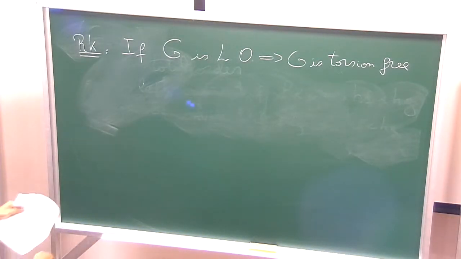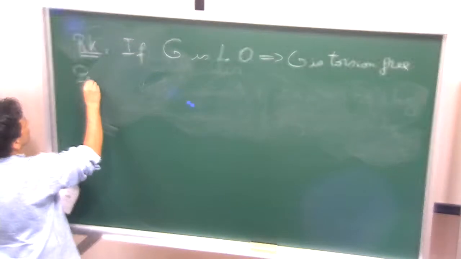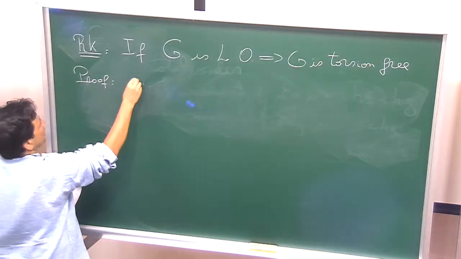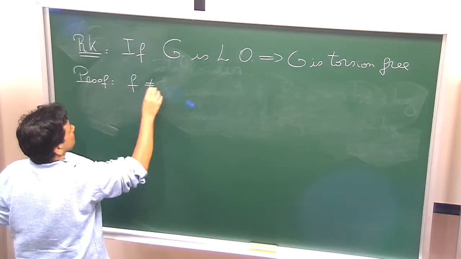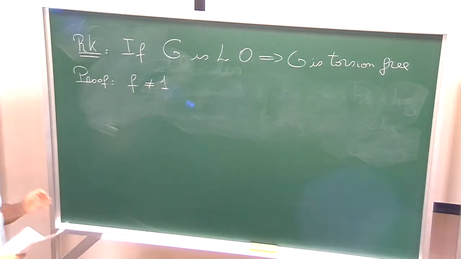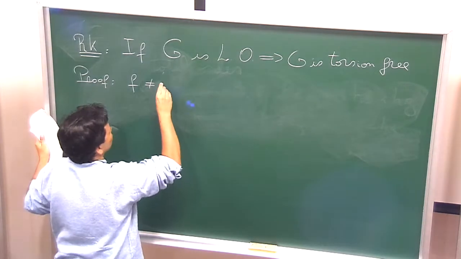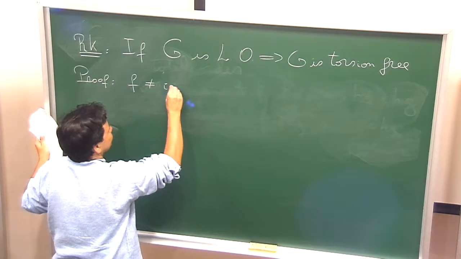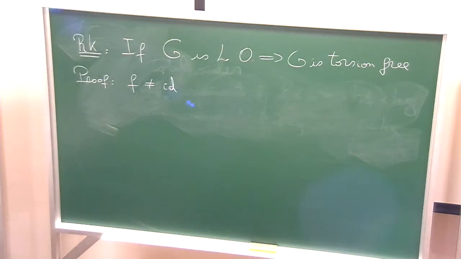Why is that? Well, the proof is very simple. If you take an element which is different from the identity, I will use 1 for the identity. Maybe this is not a good notation, 1 is positive, so it's better to write identity.